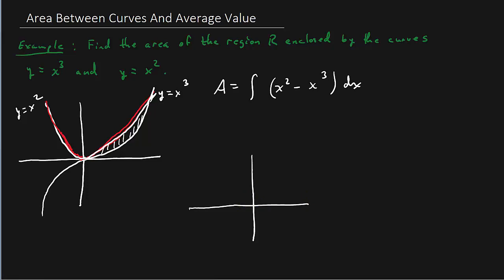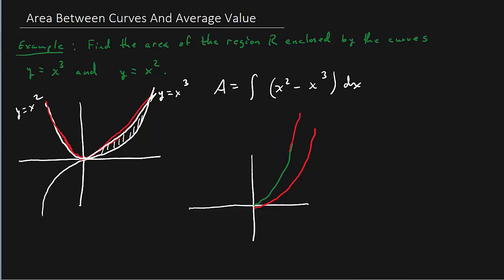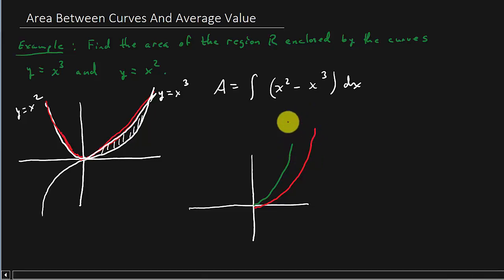Here is x squared. I'm going to draw this exaggerated, and here is x cubed. They're going off this way, and they're going to end up intersecting up here.